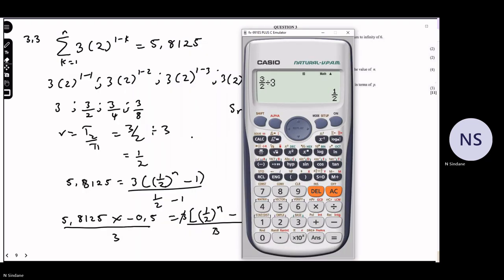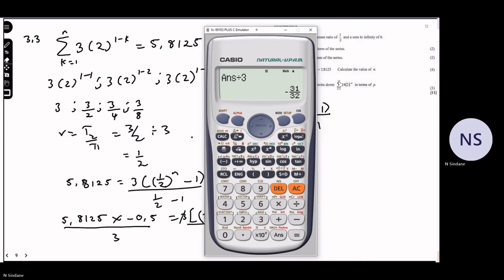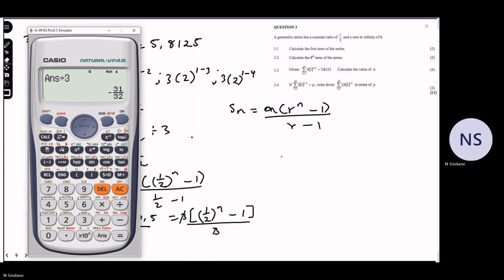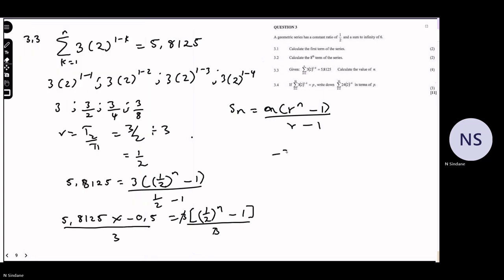I have 5.8125 multiplied by negative 0.5, and the answer divided by 3 is negative 31 over 32. So negative 31 over 32 is equal to 1 over 2 to the power n minus 1.